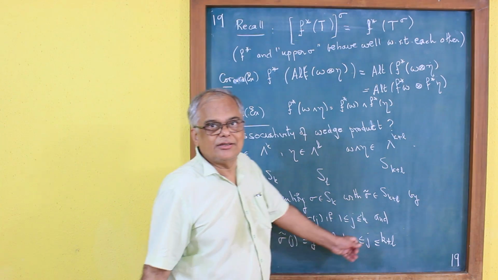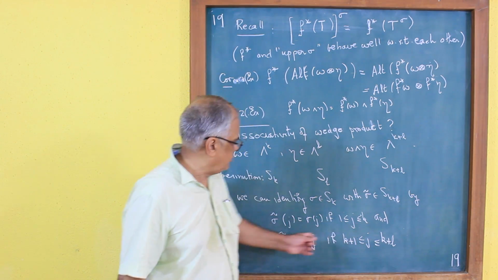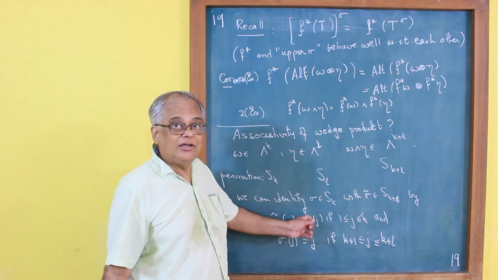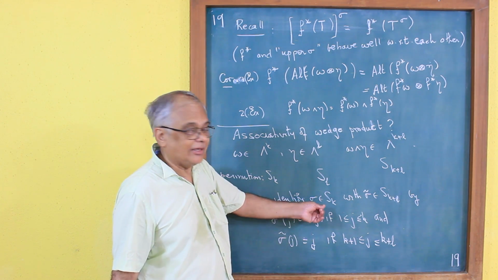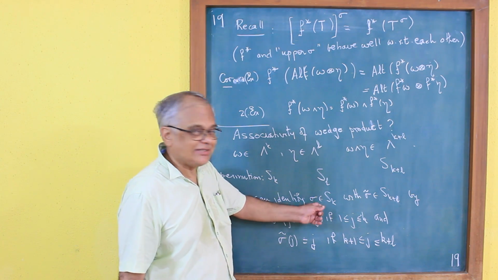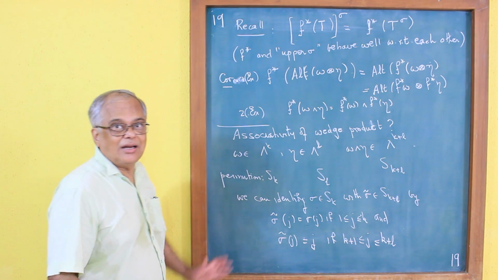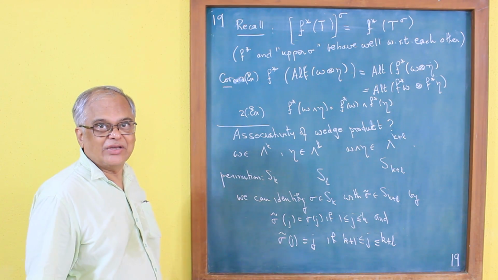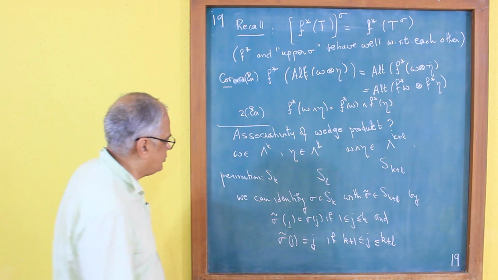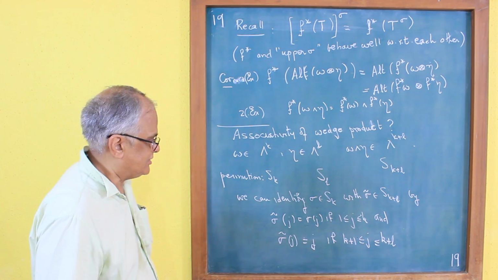That means the last L letters are fixed, and on the first K letters, you apply just sigma, where sigma is in Sk. So we can identify the sigma in Sk with elements in Sk plus L, where the last so many letters are kept fixed. So in this sense, I want to say that Sk is contained in Sk plus L.